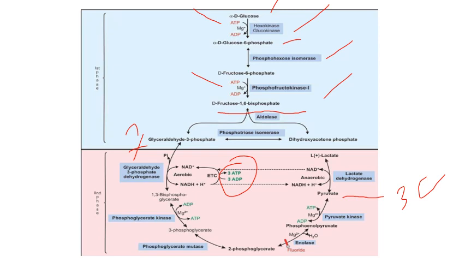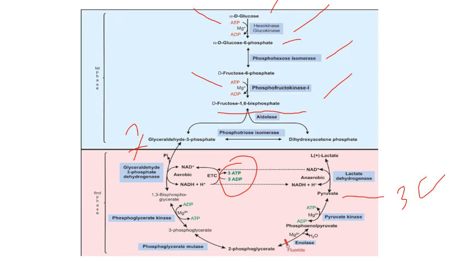Now this 1,3-bisphosphoglycerate undergoes a substrate level phosphorylation. Here what will happen? One phosphate group will be eliminated to form 3-phosphoglycerate, and the phosphate group is accepted by ADP to form ATP. So that is why this is a substrate level phosphorylation. The previous one was an oxidative phosphorylation.